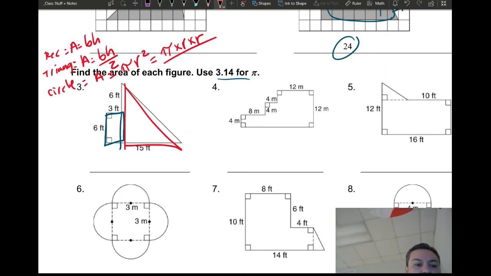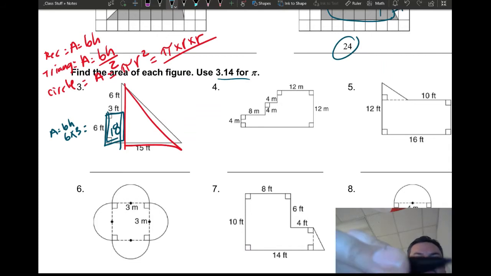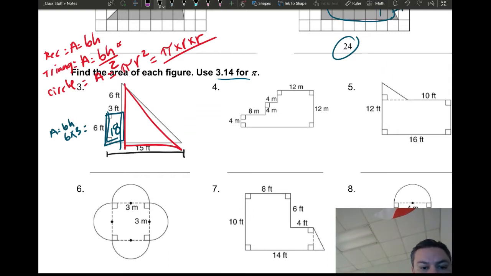So the first one, number 3. The rectangle is a 3 by 6, so area equals base times height, 6 times 3, which is 18. And the triangle is going to be this one right here, base times height divided by 2. Now this is where it gets interesting, because this line, the 15, goes from here to here.